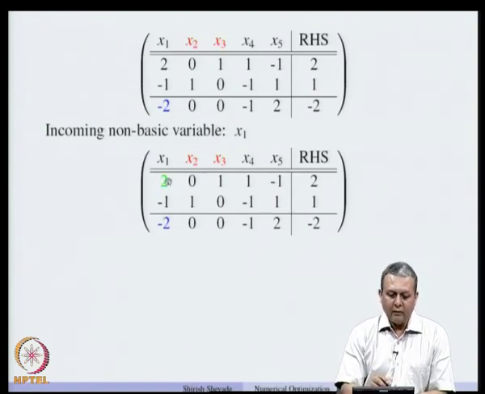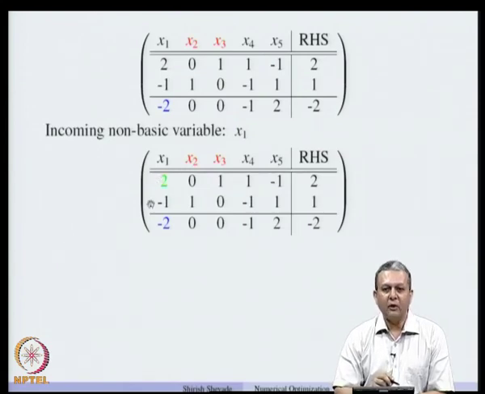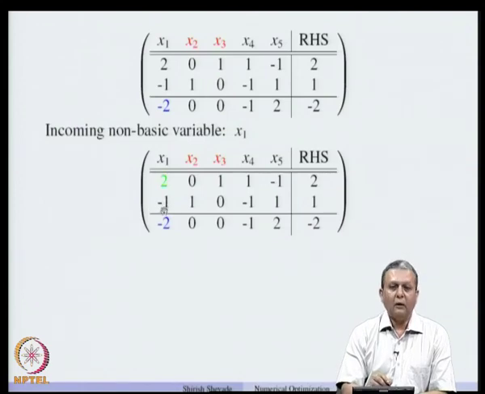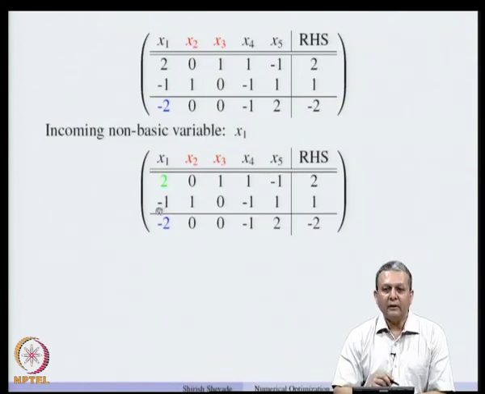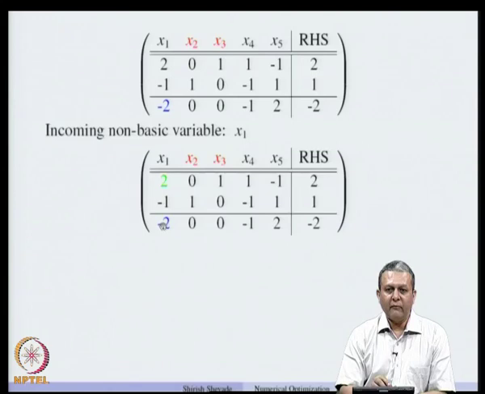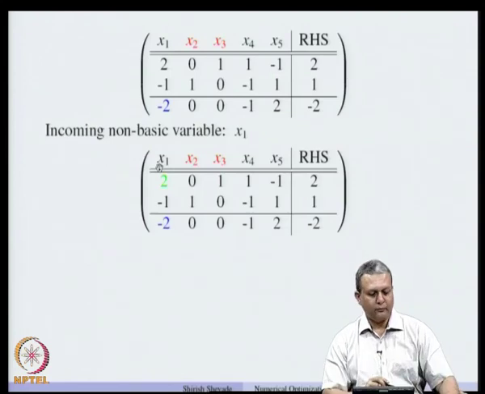Note that by making the rest of the entries 0, first of all we make sure that the first m entries in this column are associated with the identity matrix, and when we make the last entry 0, we make sure that the relative cost associated with that basic variable is 0.